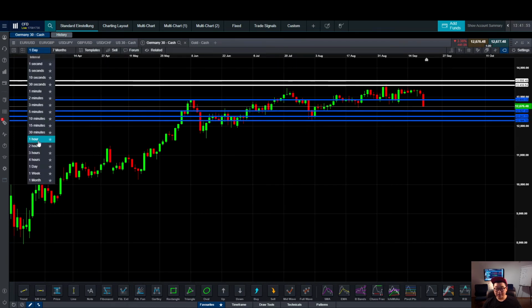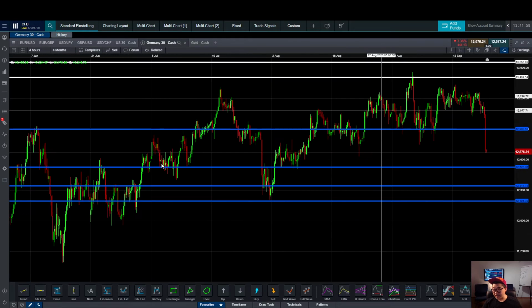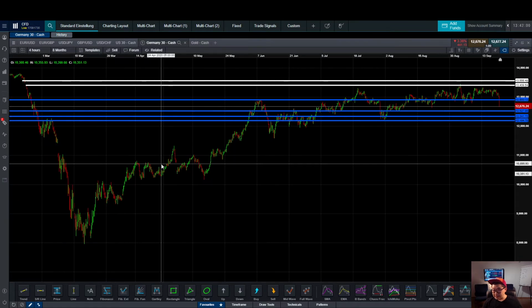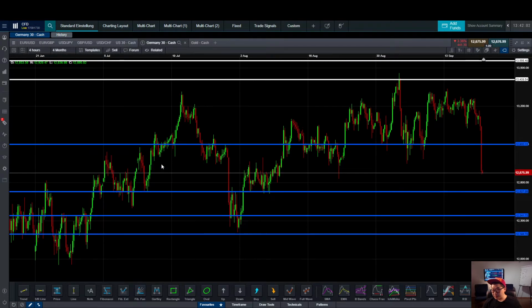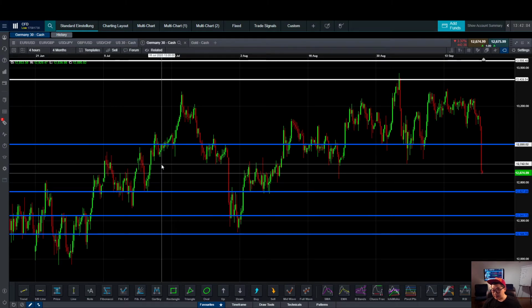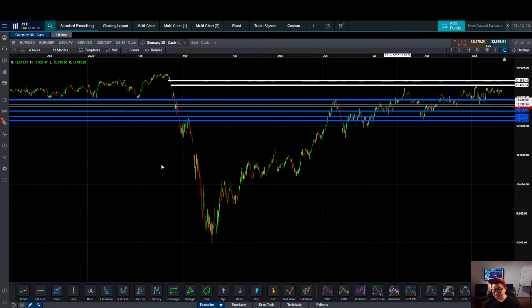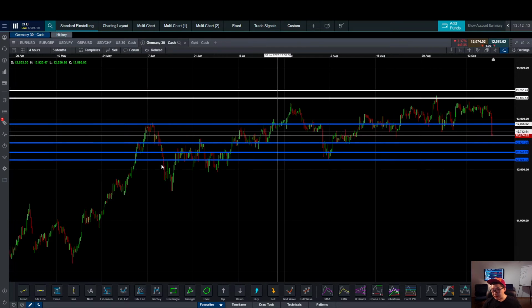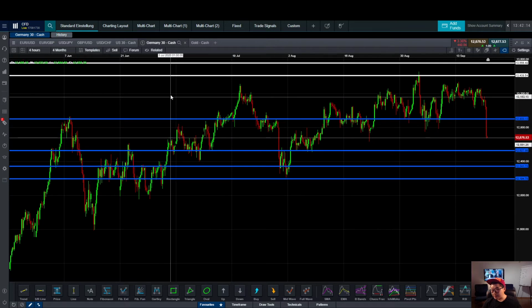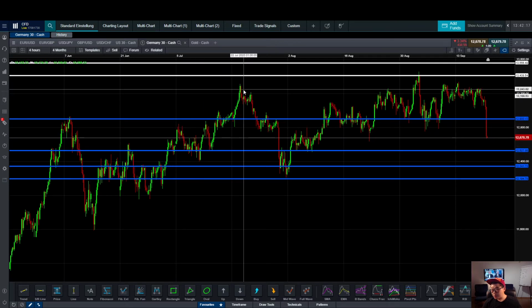Then I like to go into the 4 hours to identify what else I can take with me that is crucial for my support and resistance that I haven't seen in the day chart. I don't believe I have, but this area we could put in.